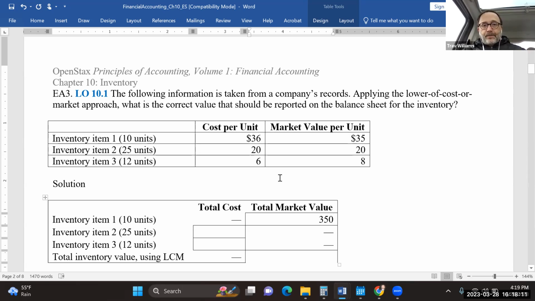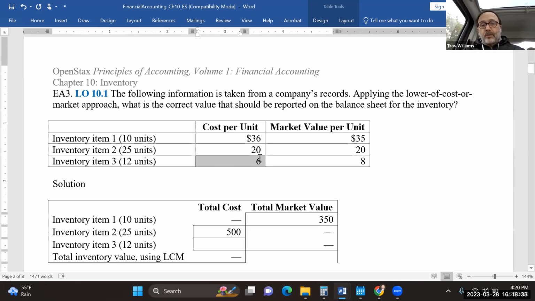For the second item, the cost and the market value are the same, so we'll just go with the cost. And 25 units times $20 each is $500. With the third item, the cost is lower than the market, so we're going to go with the cost.